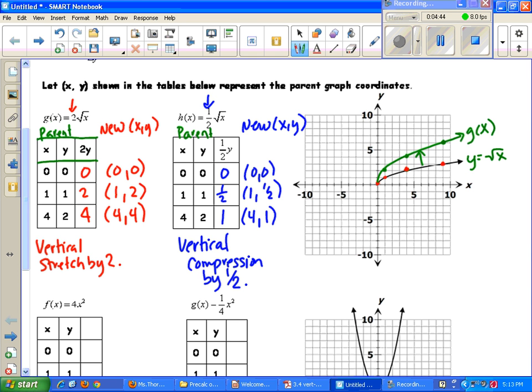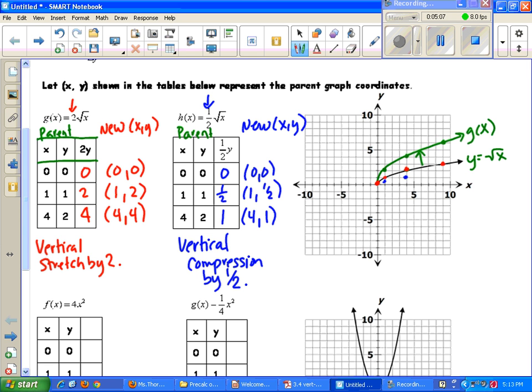Now if I take these from my graph and look at it, I'm taking my y values again from my parent function. 0 times 1/2 is 0. 1 times 1/2 gives me 1/2. If I take this next y value of 2 times a half, I get 1.